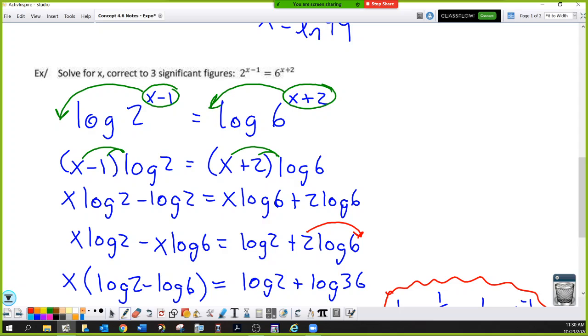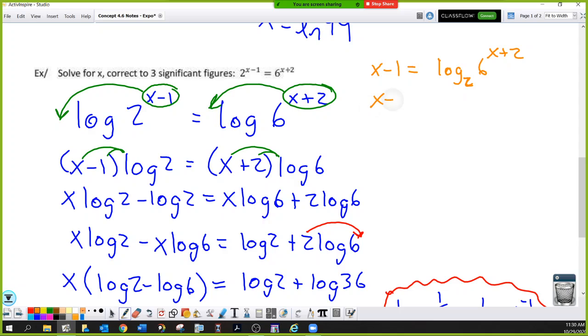Yeah. So if we wanted to cancel base 2, obviously we'd use log base 2 of both sides. Right, so you'd have x minus 1, and on this side you would have log base 2 of 6 raised to the x plus 2.